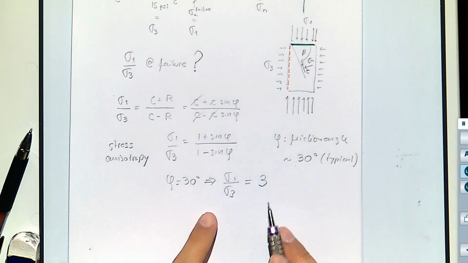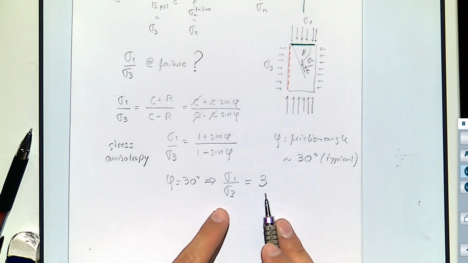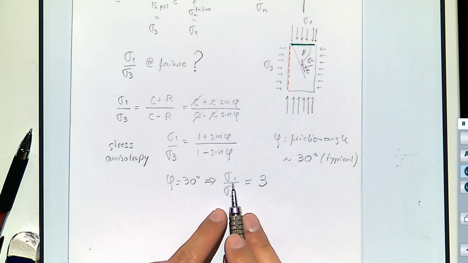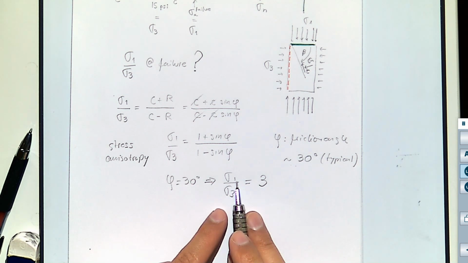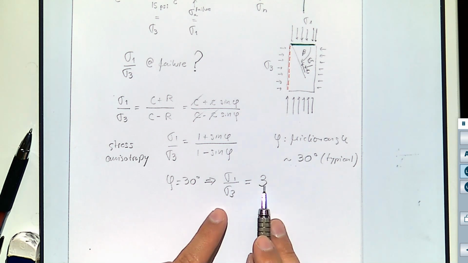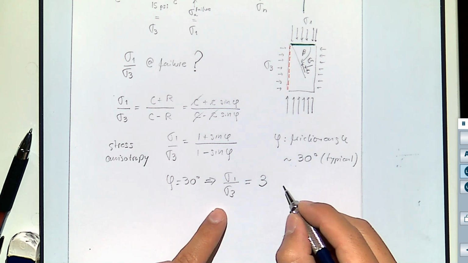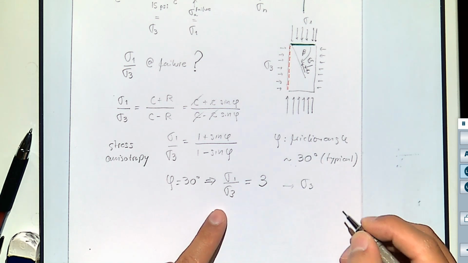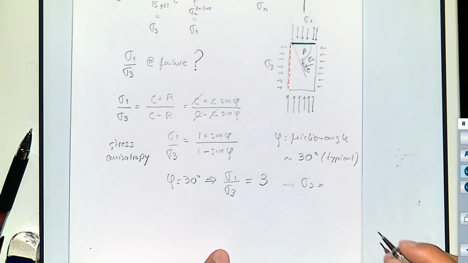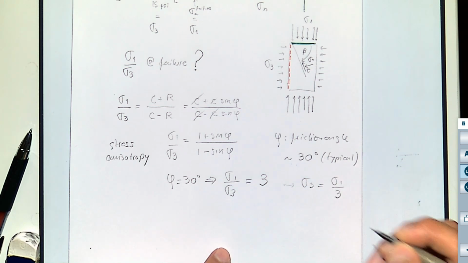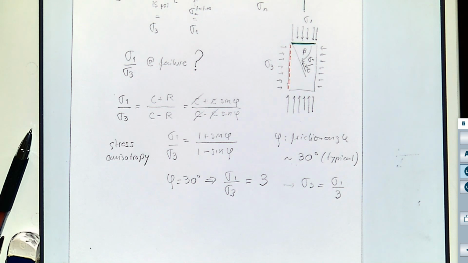Well, in this case, what this equation is telling me is that the maximum effective stress is going to be 3 times the minimum effective stress, or the same, that the minimum effective stress is the maximum effective stress divided by 3. So with totally different theory, we're arriving at similar conclusions as we did before. We'll see how we use this later on, okay?